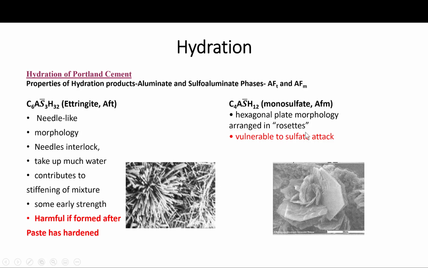The presence of the monosulfate aluminate is vulnerable to sulfate attack. If it's exposed to a sulfate source, it converts to ettringite and it causes a problem. Okay, this here is a photo of the monosulfate. It looks like these rosette clusters, as you can see.